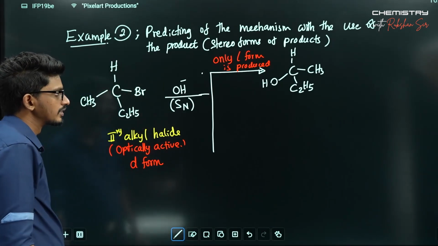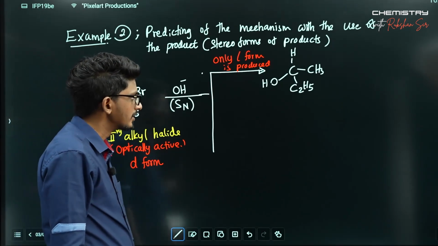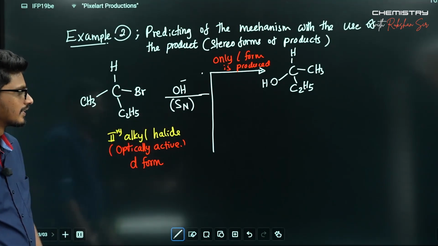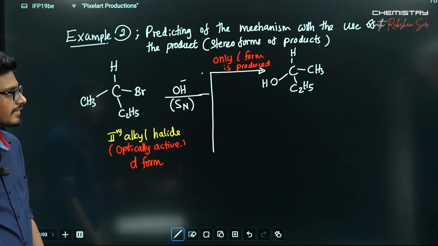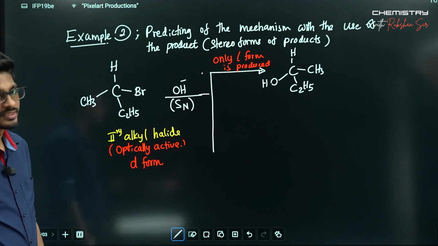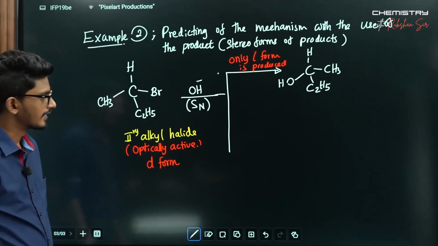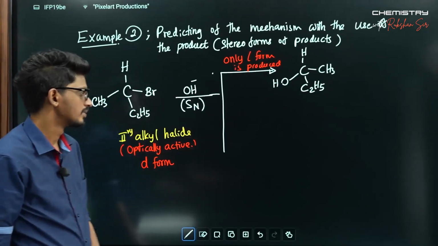Only that form is produced, then we can say this went through the one-step mechanism.